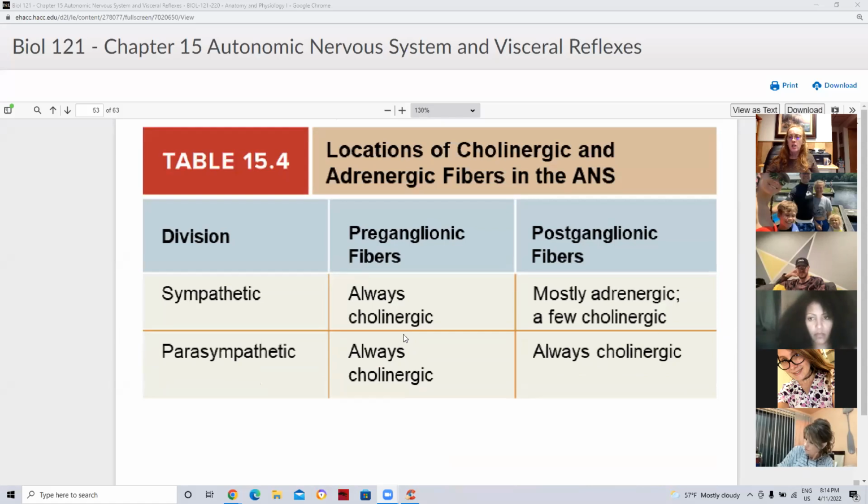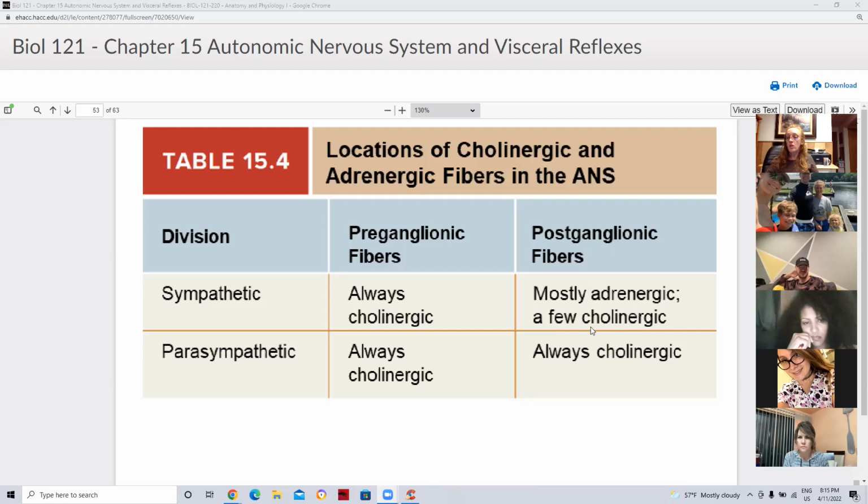So in preganglionic fibers, both sympathetic and parasympathetic, they're both cholinergic, so they're both going to secrete acetylcholine. Postganglionic fibers for the sympathetic, mostly adrenergic, meaning they're going to secrete epinephrine or norepinephrine.